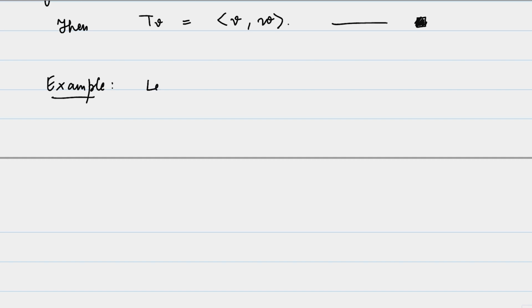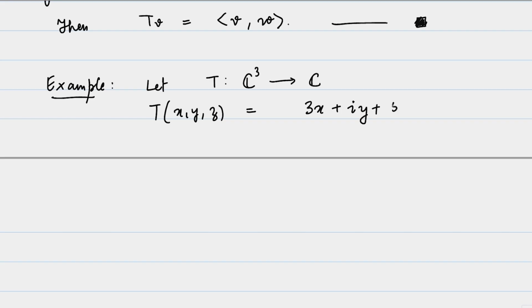So let's look at an example in a complex vector space. T from C3 to C, let's define a linear functional T of x, y, z equal to 3x plus iy plus 5z. Let's look at this example.